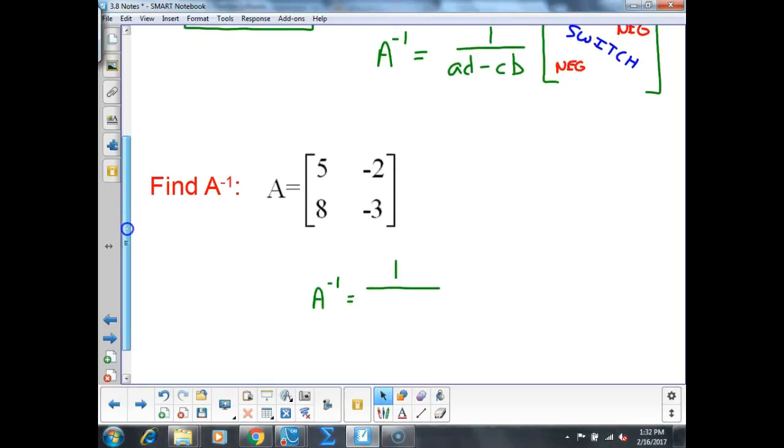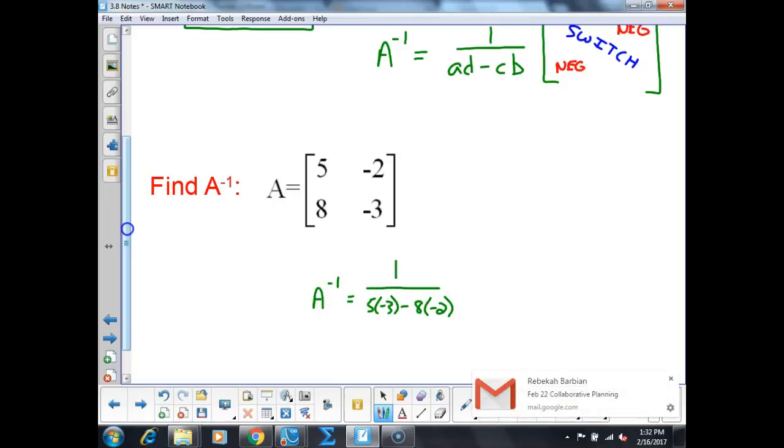So that's going to be 5 times -3 minus 8 times -2. 5 times -3 is -15. 8 times -2 is -16. -15 minus -16 is +1. So that fraction is just going to go away.